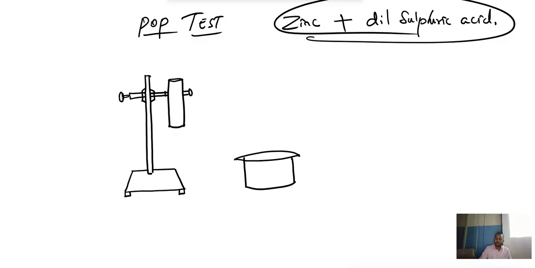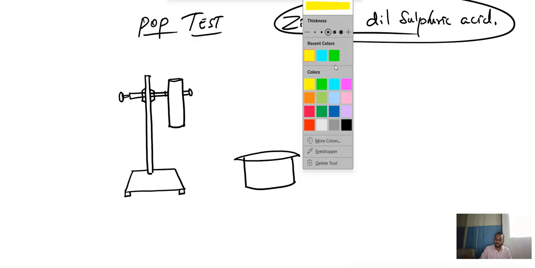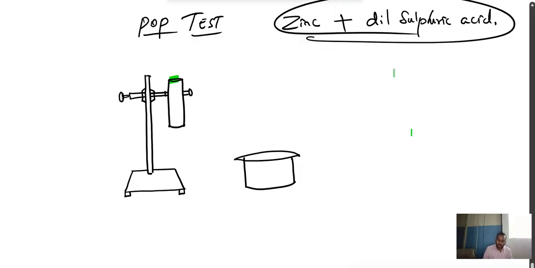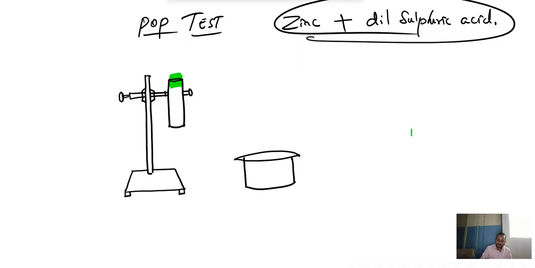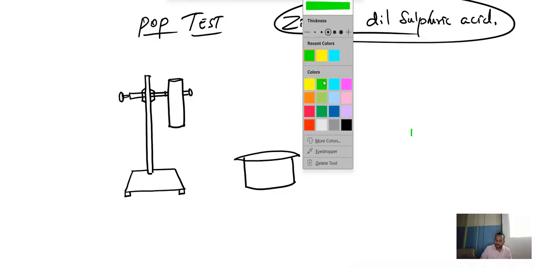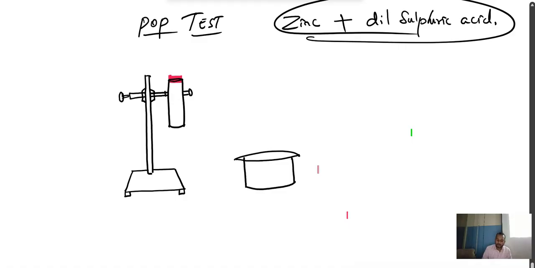Now this test tube is tightened with a rubber cork.